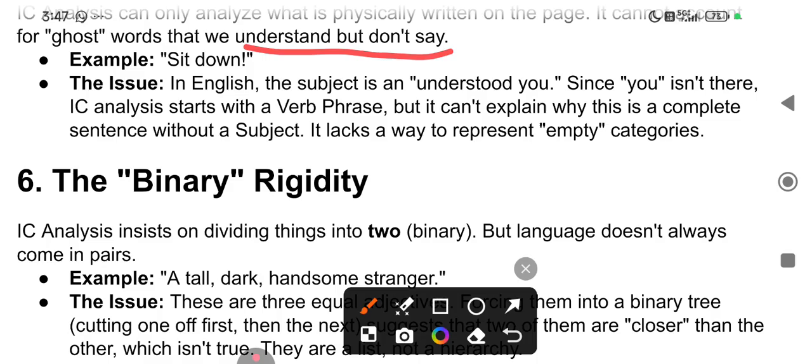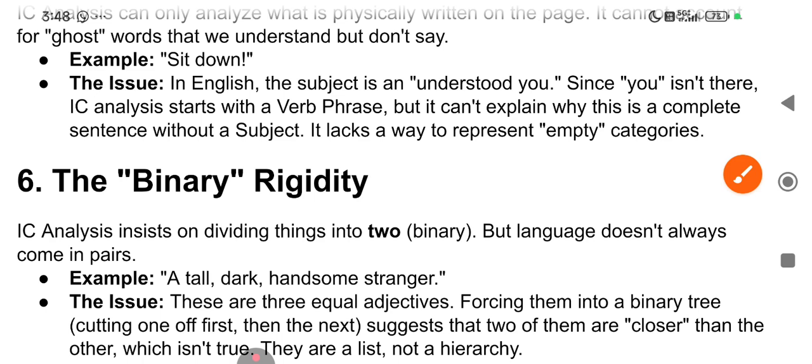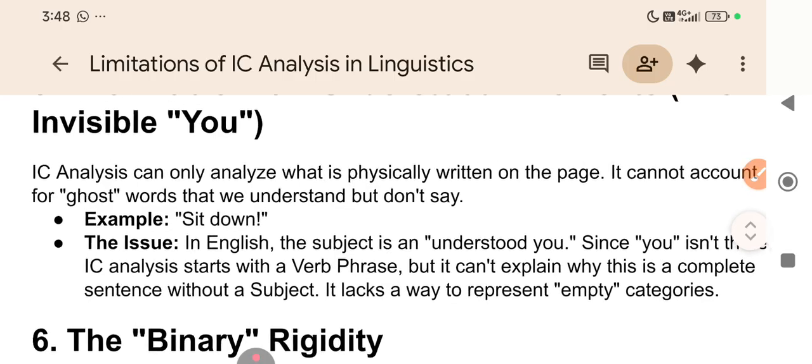You close the door, you bring me a glass of water, you don't go there. Don't go there, close the door, bring me a glass of water, sit down, go ahead, don't talk. All are without you because in all these imperative sentences, you is the common agent and that's why it's implied. No need to express. But that creates a problem, and IC analysis cannot tell that hidden or understood word.